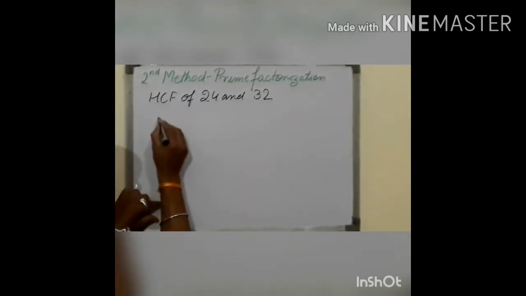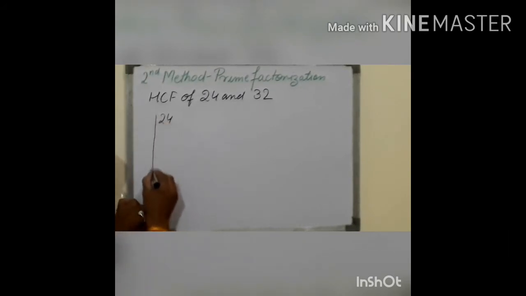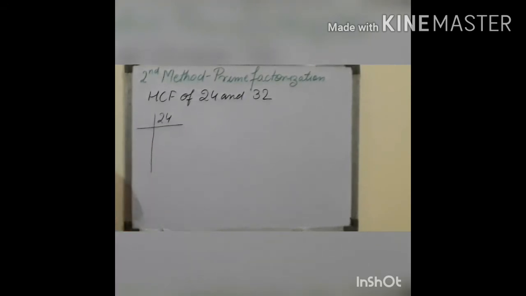First we will take the first number, that is 24. In this method we will find the prime factorization.